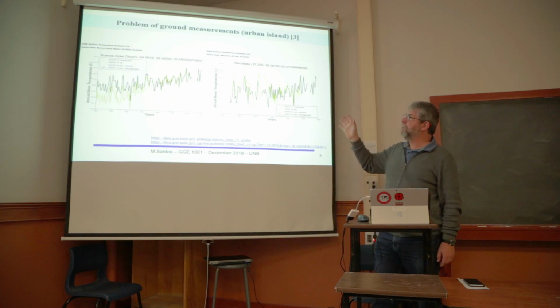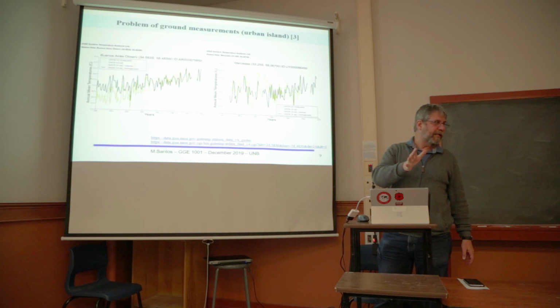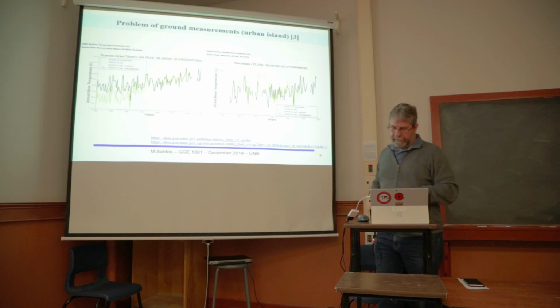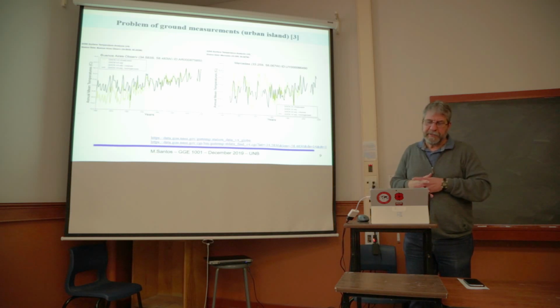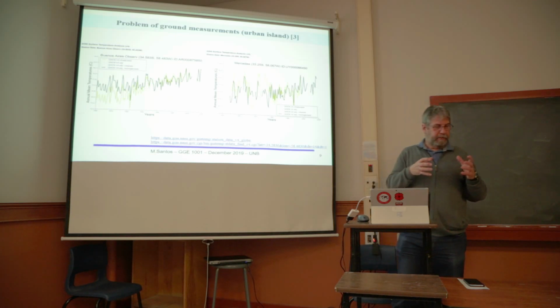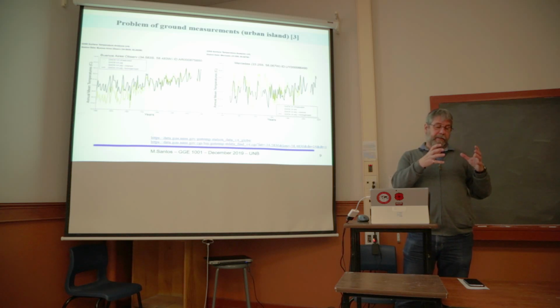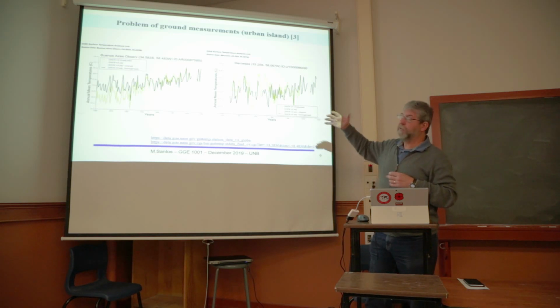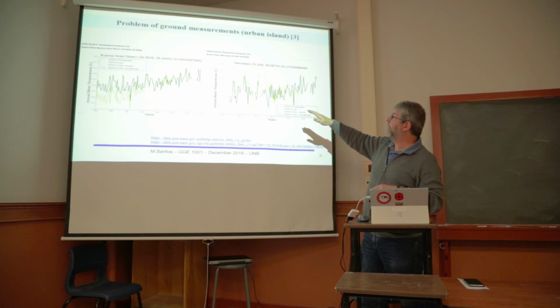In black is the so-called homogenized data. It's a big adjustment, done in this case basically by NASA, the GISS office. They put together these temperatures and try to accommodate one with the other.